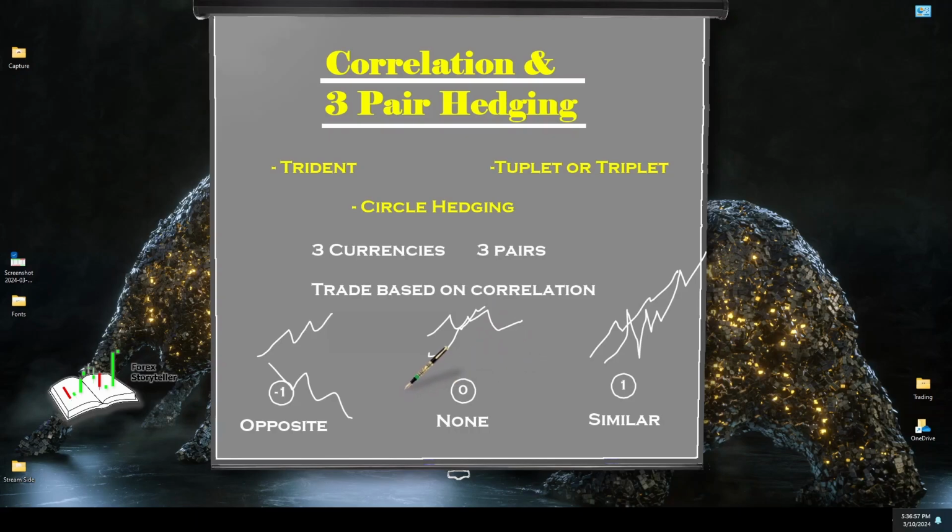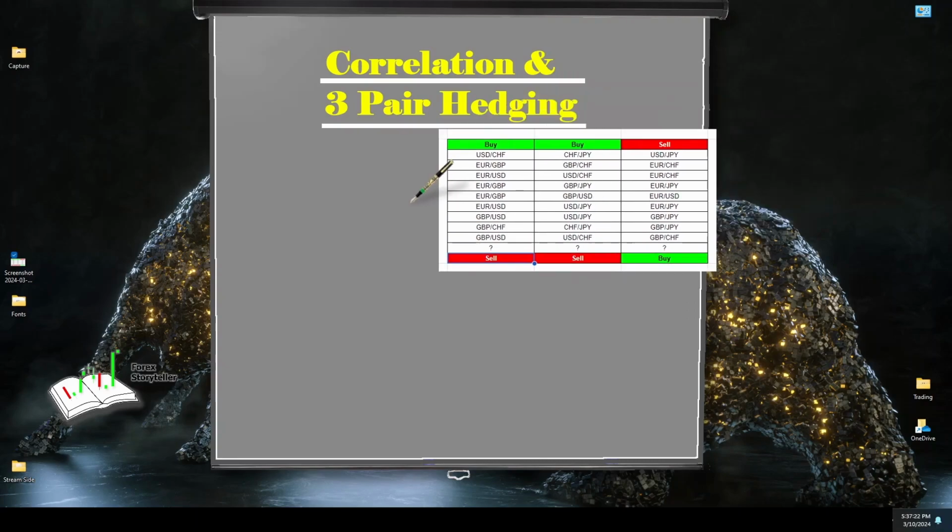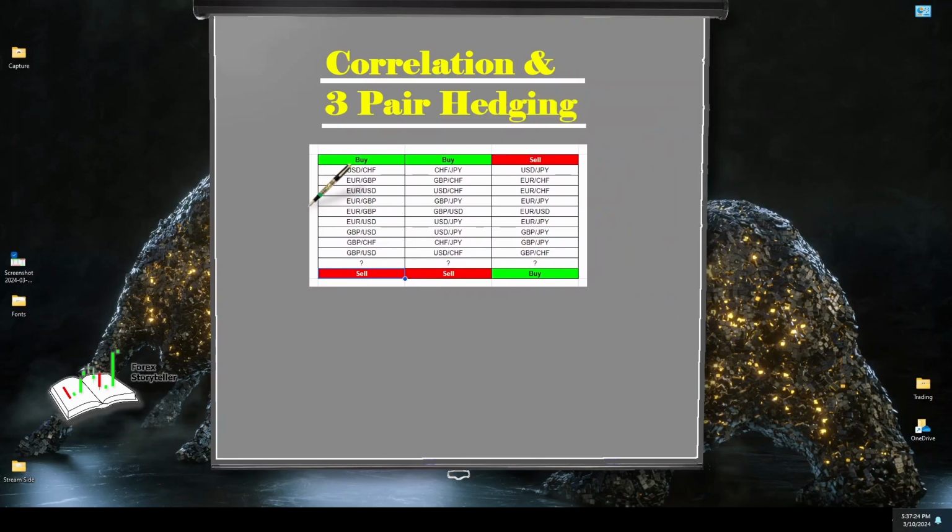So let me clear this out, and we will first take a look at some examples, and then we'll talk about what the actual formula is, which is fairly simple, to determine which ones we're going to sell and which ones we're going to buy.